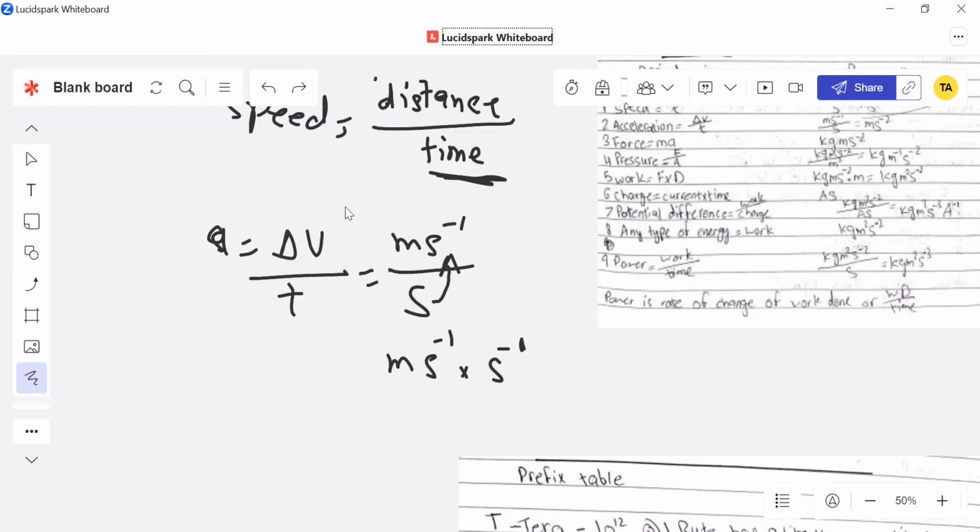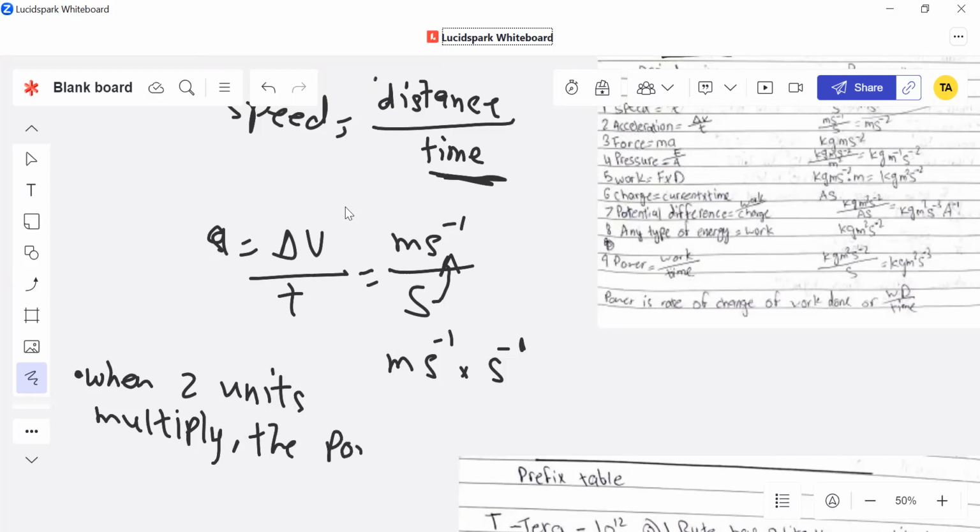So when two units are multiplying, remember this rule: when two units multiply, the powers add up. So for these two units, seconds and seconds are the same and they're multiplying.